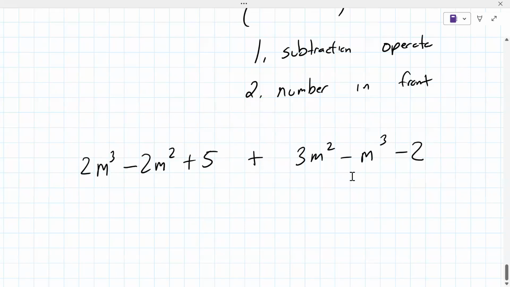Okay. Now, what's the number in front of this m cubed here? Yeah, on the right here. What's the number in front of m cubed? There's a minus sign here, but there's really a number that's not written. 1. Yeah, negative 1. Okay. So go ahead and combine like terms here. What do those become?